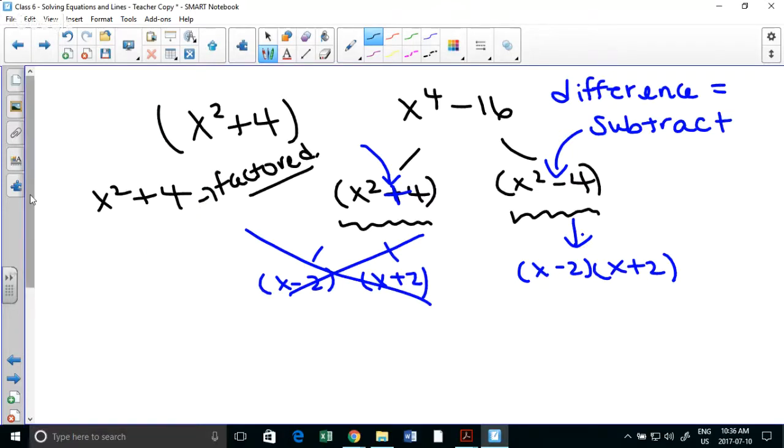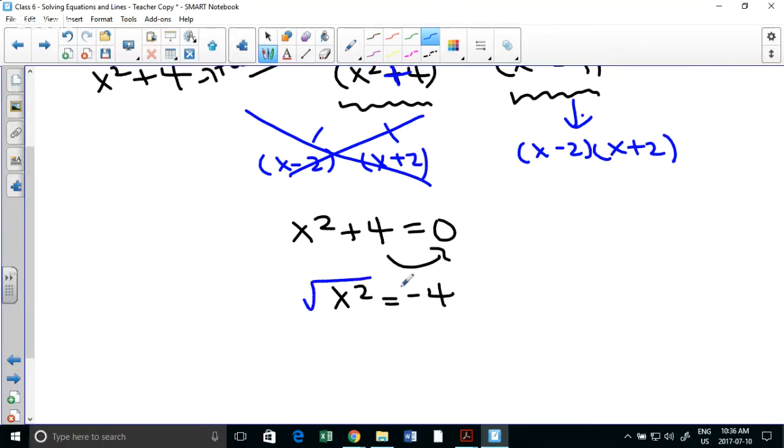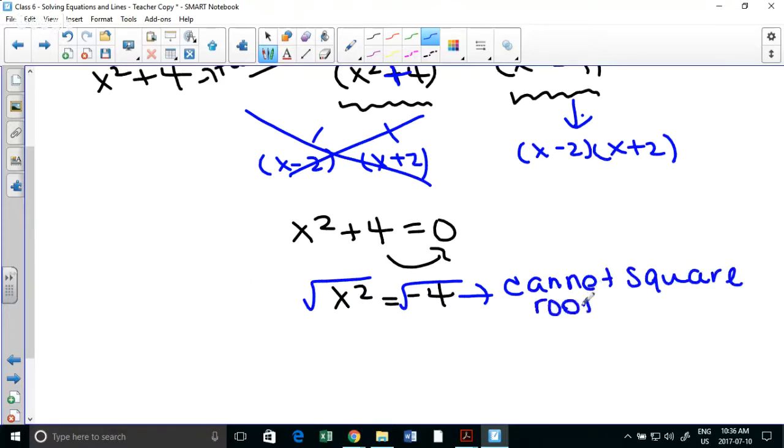That brings me to my next point about this specifically: with x squared plus 4, when you're solving for a restriction, this moves over. I saw a lot of people get to this step and then decide that this can be square rooted. But you cannot square root a negative.